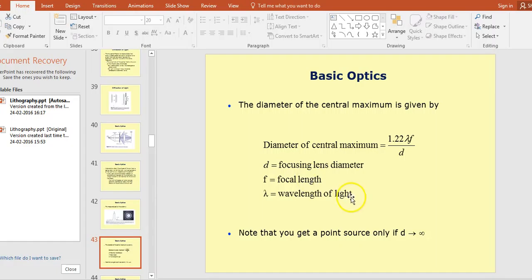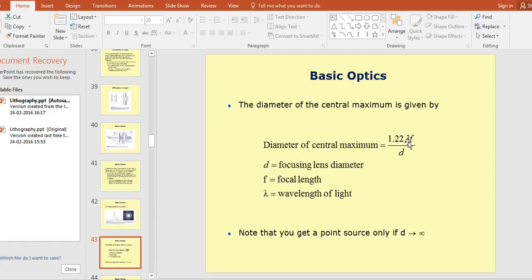So from this, if the wavelength of the light is very small, this term will be less and this will be high, because they are inversely proportional to each other.